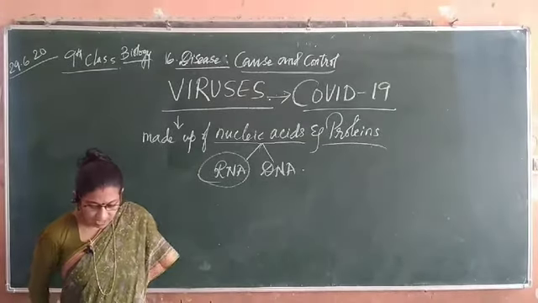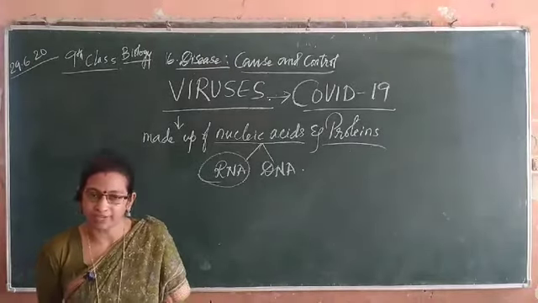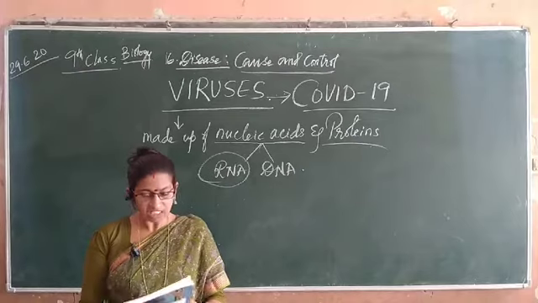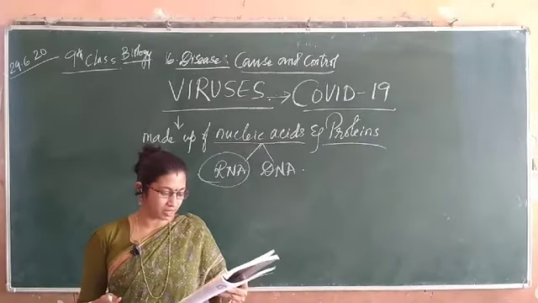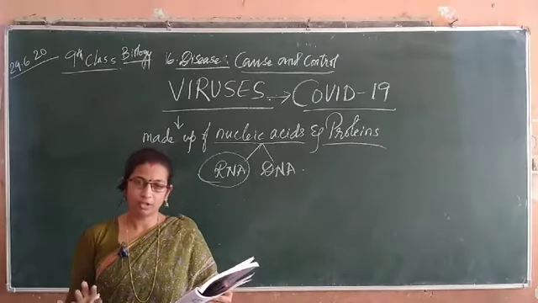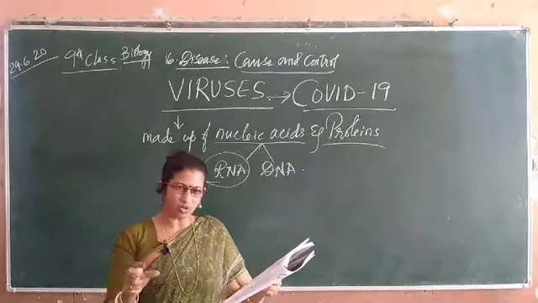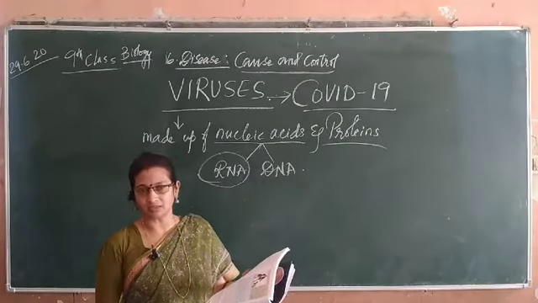Now, features which support them as living and features which support them as non-living. Under living, they reproduce. They multiply at a very, very fast rate. Reproduction is a living phenomenon. Then, they enter into a host body and then they start their life cycle.